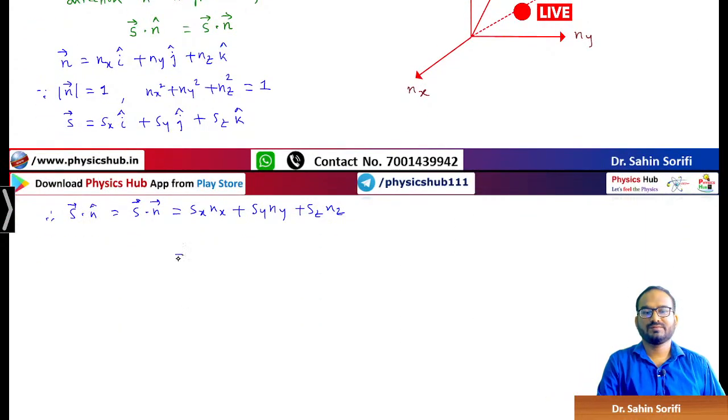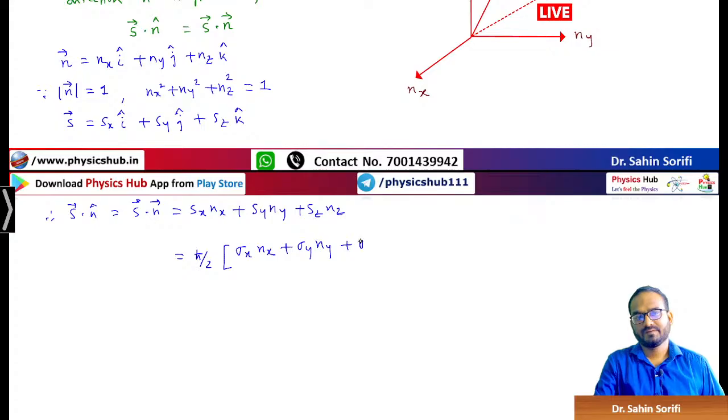Now you know the value of sx, that is h cut by 2. If I take h cut by 2 common, this is sigma x nx plus sigma y ny plus sigma z nz. Now sigma x, sigma y, sigma z, and nx, ny, nz are constants, right? So h cut by 2. What is the value of sigma x?